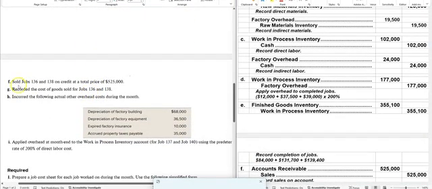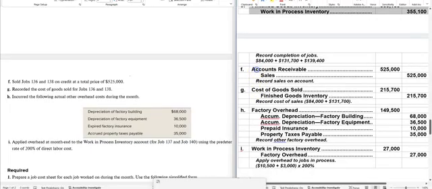All right, we then sold two of those jobs, 136 and 138, on credit for a total selling price of $525. Those costs of the jobs are sitting in finished goods inventory. We have now sold them. So going back to our financial accounting, when we sell inventory, we have two entries to record.